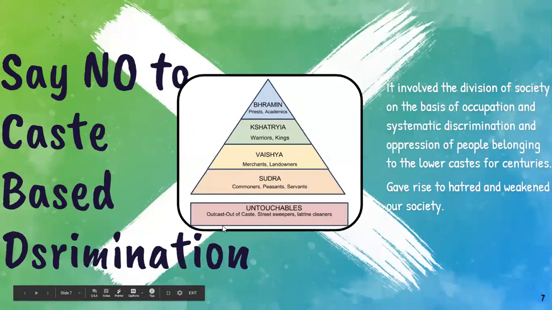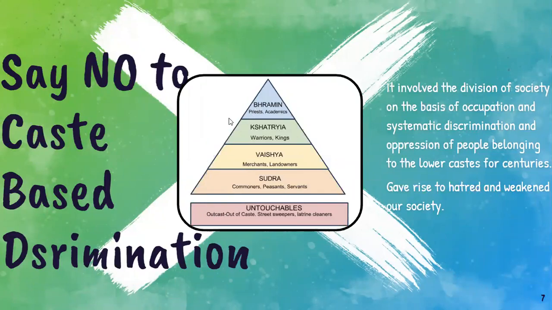You have these castes: the Brahmin, Kshatriya, Vaishya, Shudra, untouchables. Brahmins were the class who had all the knowledge. Kshatriyas were the warriors, the Vaishyas were the merchants, the landowners, the Shudras were the servants, the commoners, the peasants, and finally the untouchables, who were the outcasts of our society.